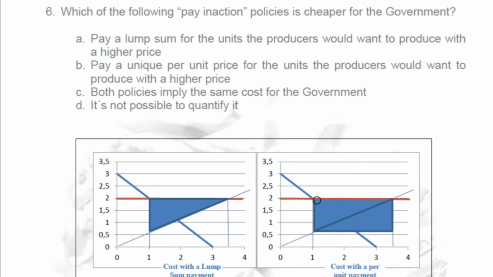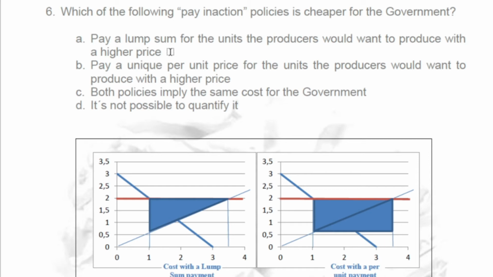But if the government gives the firms this difference between the price they receive from the consumers and the price they wanted to receive at least, and all these units that the producers would want to produce are paid at this amount of money, the government spends more, spends in fact the double.